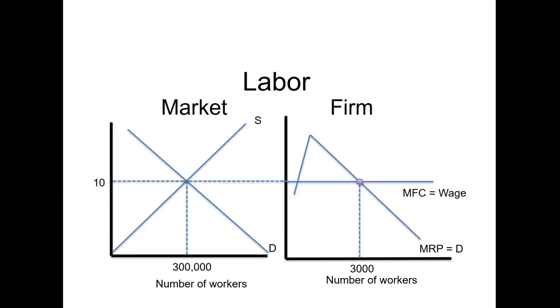Now, let's take the situation from the worksheet, which said a new yo-yo machine increases the productivity of labor. So this is going to affect the labor market, not the product market. We'll pull up the formula real quick. Marginal revenue product is equal to the marginal product of the worker times the price of the product.